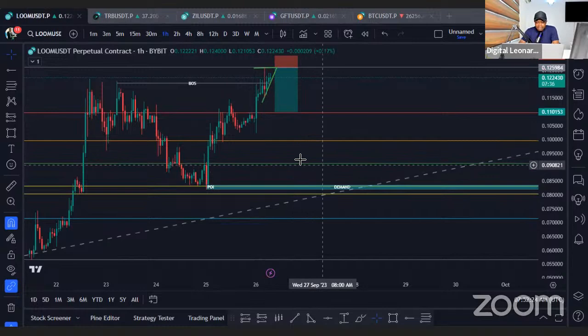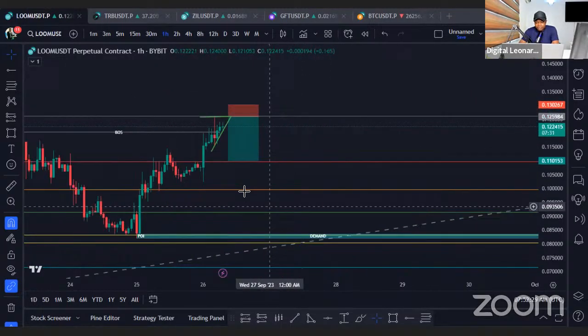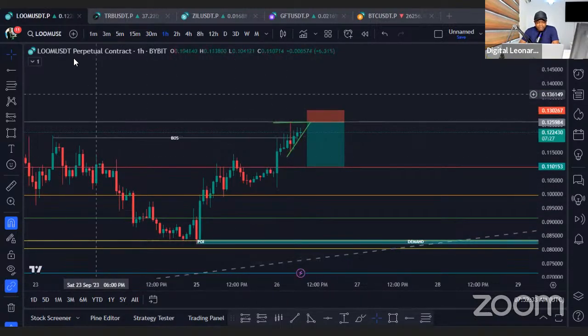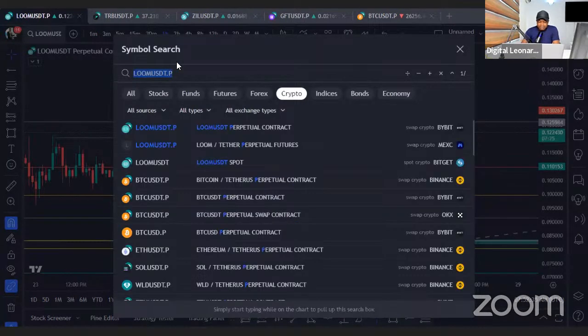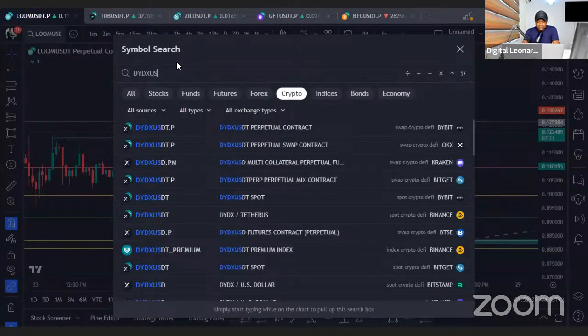Okay, GYDX. This is still there. I still need this to shoot up to that level before I take a trade. So let's look at GYDX USDT.